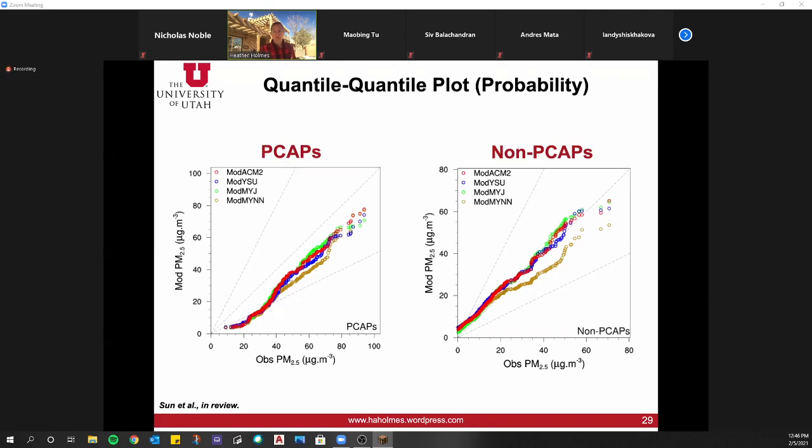We can see that for most of the simulations, we're falling on a 1-to-1 line for the PM 2.5. Whereas for the PCAP times, we're really underestimating the observed PM 2.5 concentration shown on the left. So this also illustrates that meteorology is likely a problem in simulating these events.